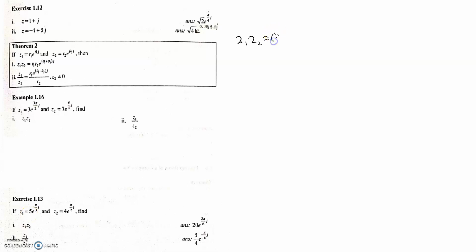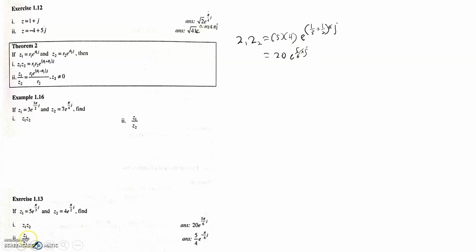So we have 5 times 4, and then we bring the exponent. As for the theta in radians, we need to sum it: we have here 1/3 and 1/2, so 1/3 plus 1/2 pi j. This will give us 20 exponent 5/6 pi j. So that is how you sum it.